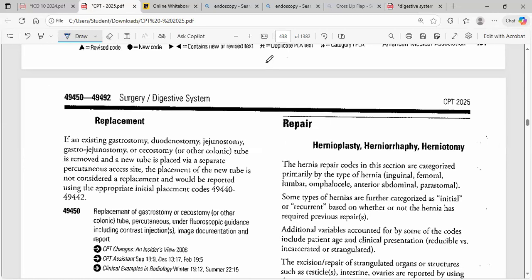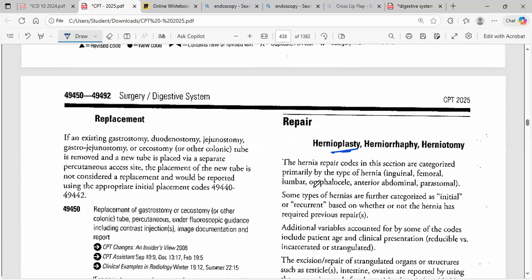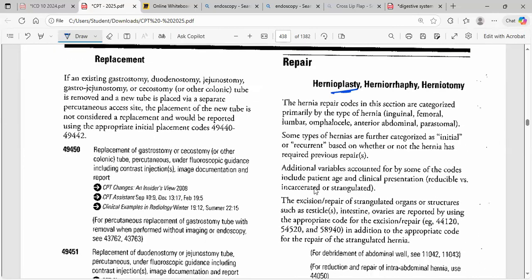So here we have a code for the hernioplasty, also known as herniorrhaphy or herniotomy. These codes are based on the type of hernia, whether it's an inguinal hernia, femoral hernia, lumbar, omphalocele, as well as initial or recurrent.